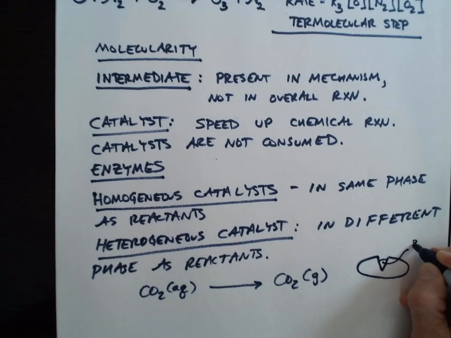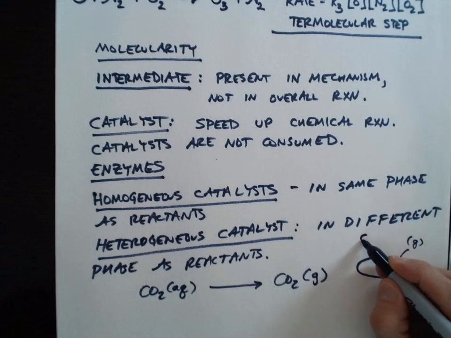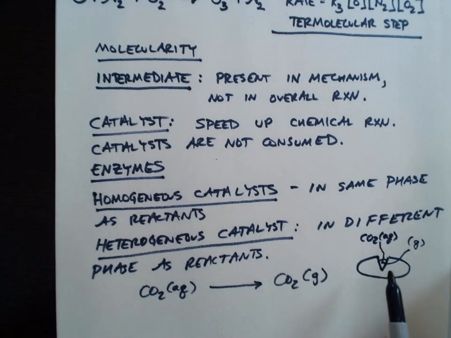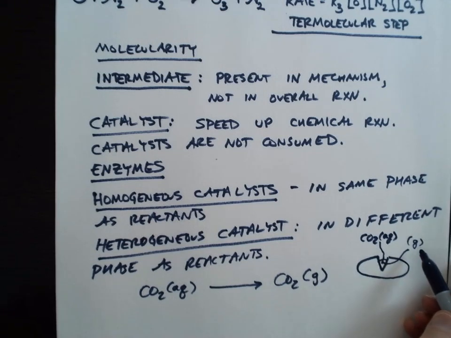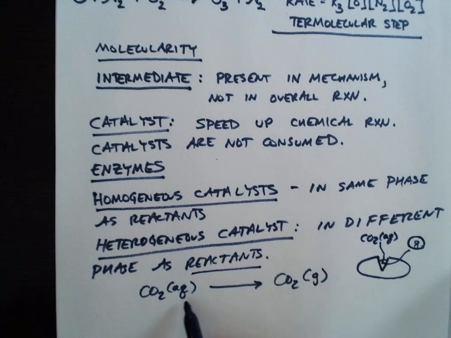So these are little gas pockets. And so in this case, what happens is the dissolved carbon dioxide that's in the aqueous liquid phase diffuses into the gas phase. So we see that the catalyst, which is the air bubble on the Mentos, is in the gas phase. That's in a different phase than the reactants, which are in the aqueous phase.